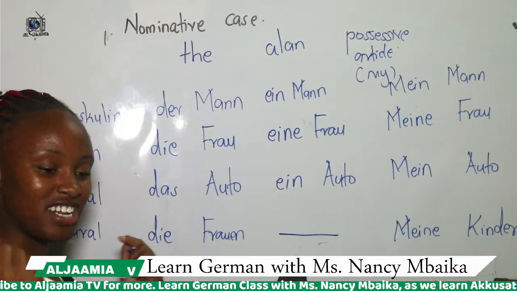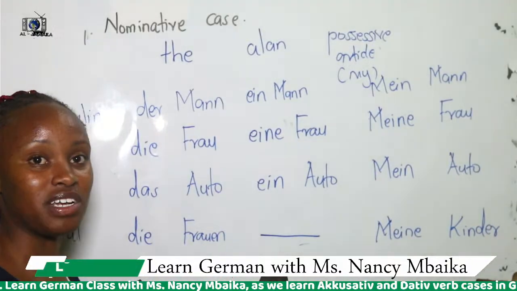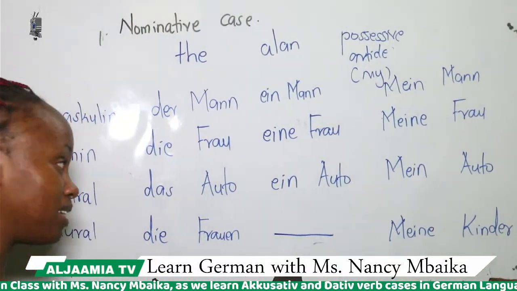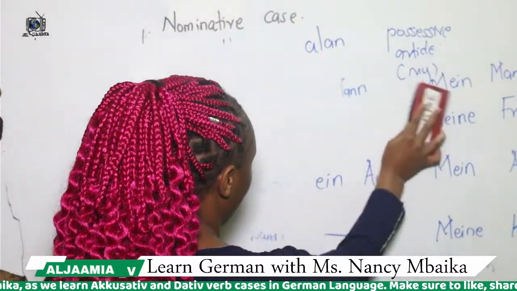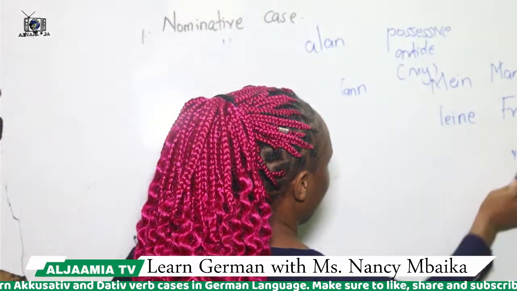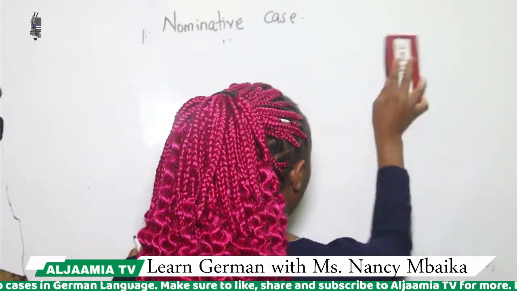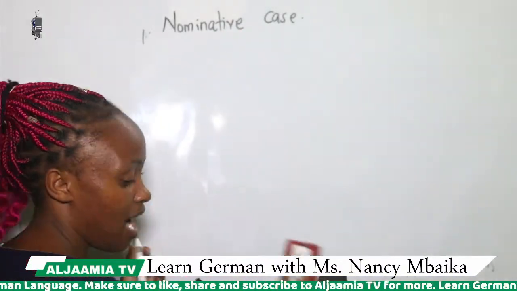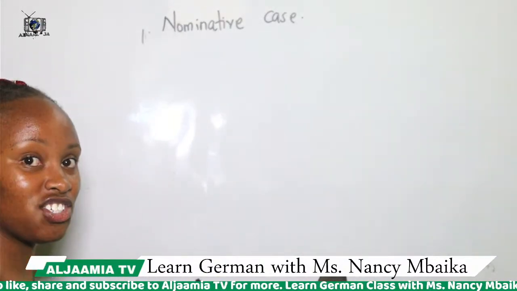You can also be translating them before I write them. I'll write in English and then I'm going to write the translation in German. I'm only going to write 4 sentences, one representing each gender.